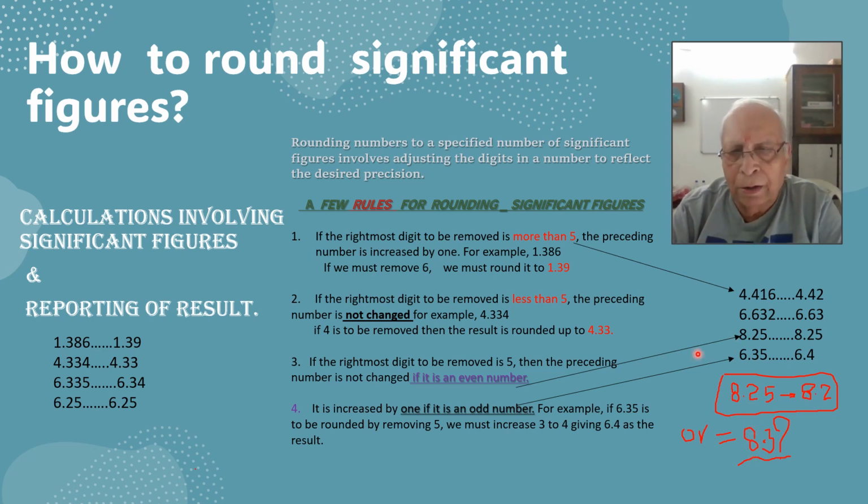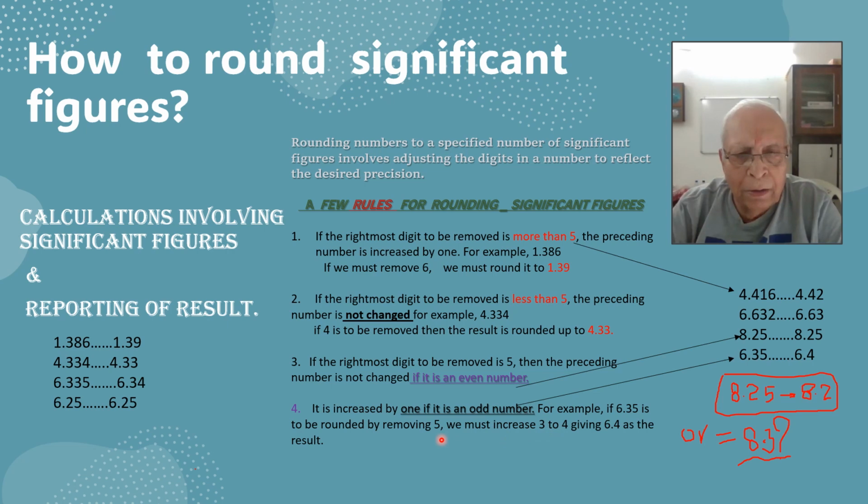But well, this is the discretion of the scientist or the mathematician or its requirement in this case. Otherwise, three digits will remain three significant digits, and if the last digit is just 5 and the preceding number is an even number, no change. But if the preceding number is an odd number, then what will happen?